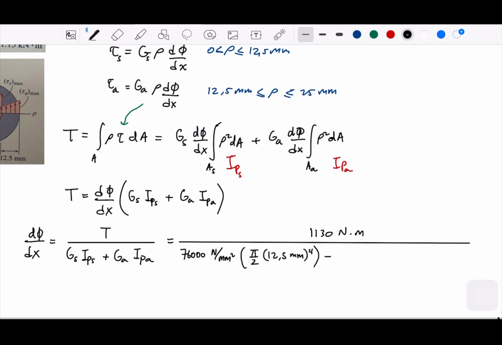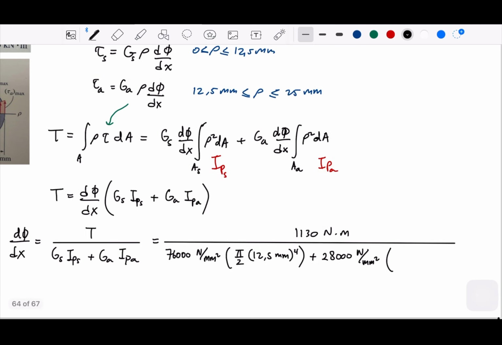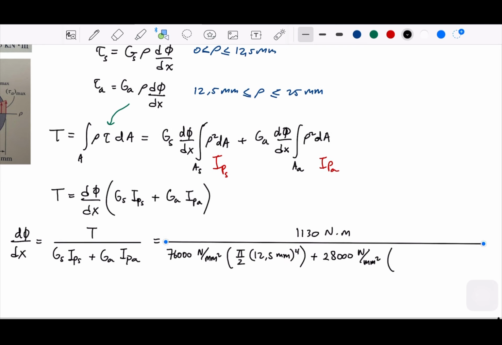And then plus, this is pi over 2, 25 millimeter to the power of 4, minus 12.5 millimeter to the power of 4, and then, okay. The result should be in radian per millimeter.